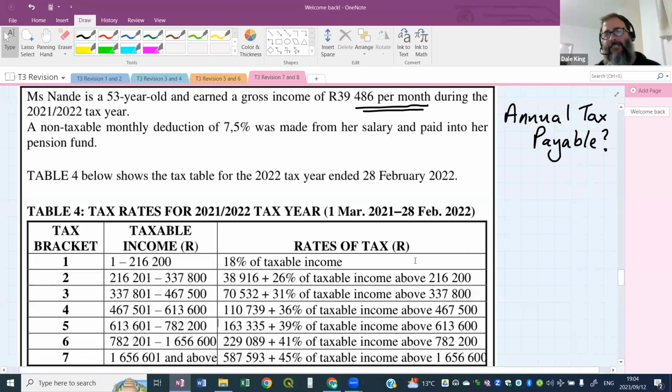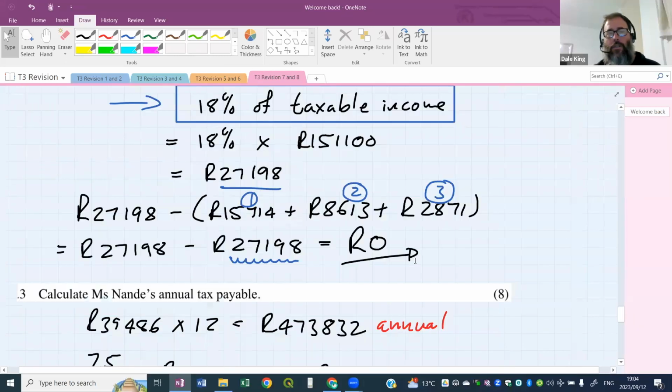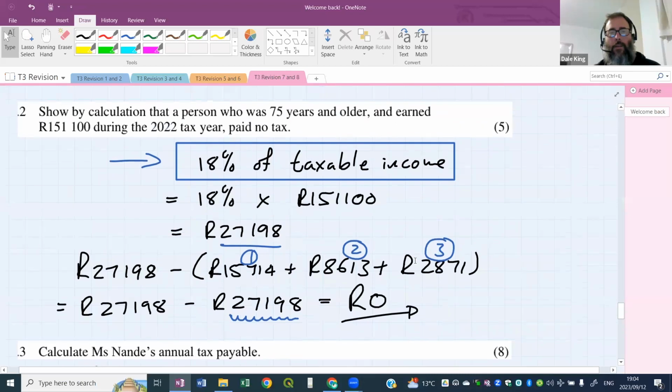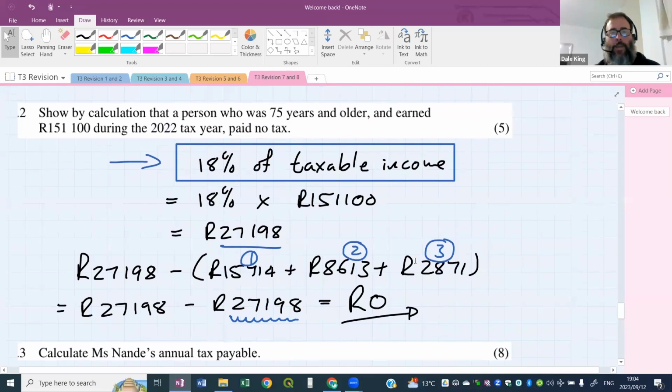Sir, you remember the question that we just did before this last one, may you please just scroll down to it? It's just a very quick question. Yeah. This one, sir. I want to understand, why does the 75-year-old have the benefit of the 65-year-old and the primary? Why did we add up all these rebates instead of just the 2,871 rand?